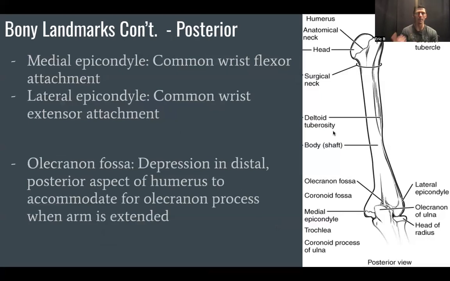Next up, going further with the posterior aspect, we have the medial and lateral epicondyles. With the medial epicondyle, if you look at your arm, supinate it, and bring it level, you can feel a bony prominence right here. That is what we call the medial epicondyle. It gives rise to a lot of the attachment points for the common wrist flexors.